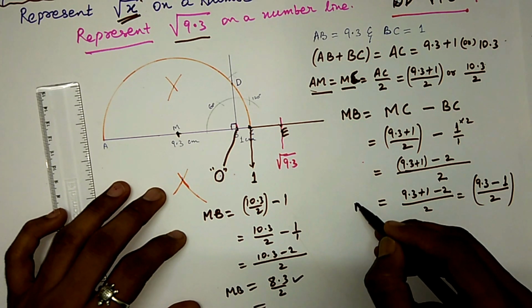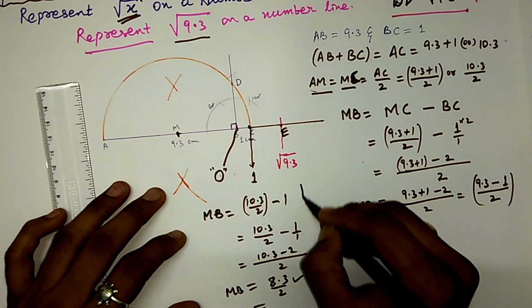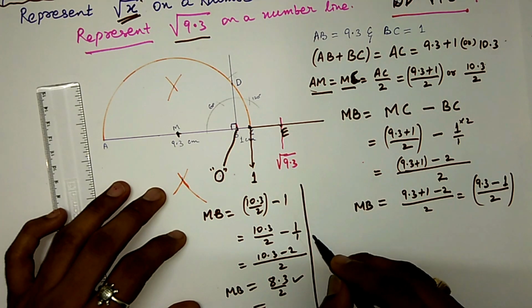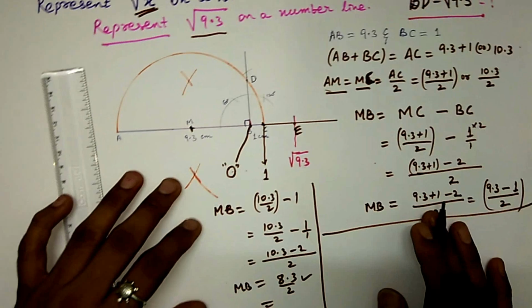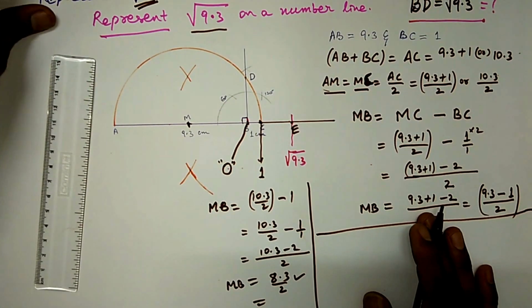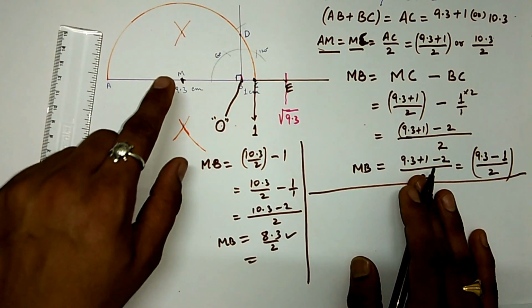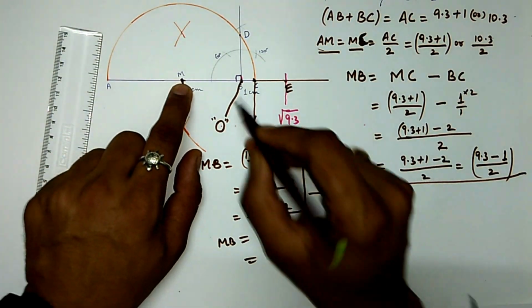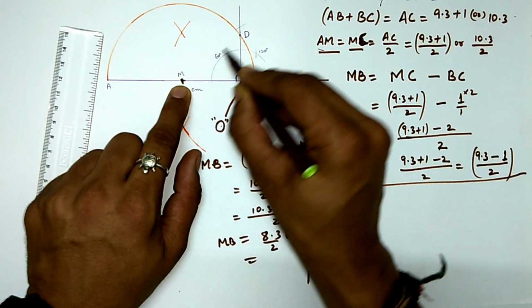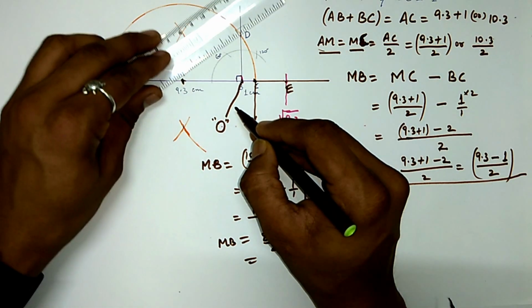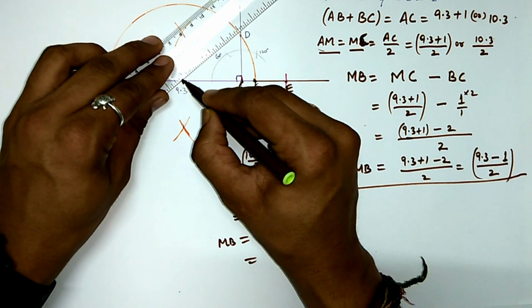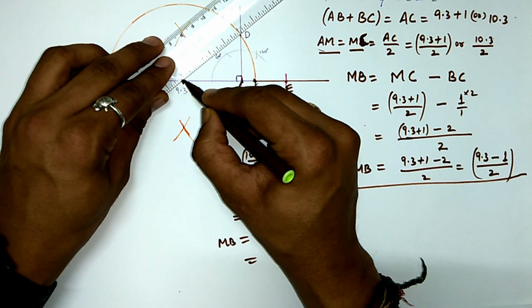Now, the length of MB, once you have got it, here by constructing MD, I can have a right triangle formed.